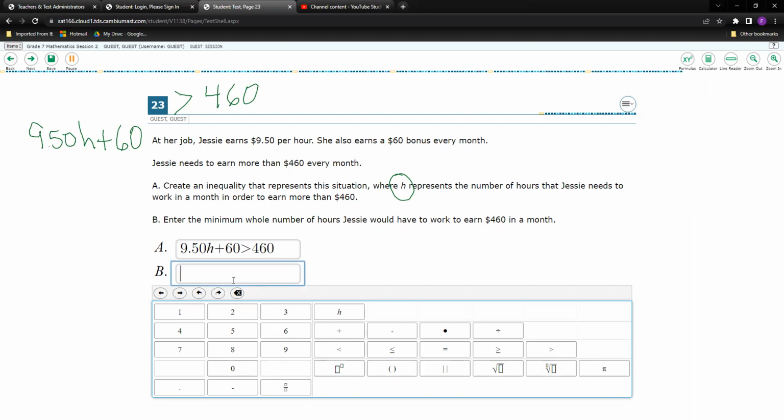Okay. So now what would be the value of H, right? Enter the minimum whole number. Okay, so we need to round up to the next whole number. So to solve this inequality, we take away 60 from each side of the inequality sign.